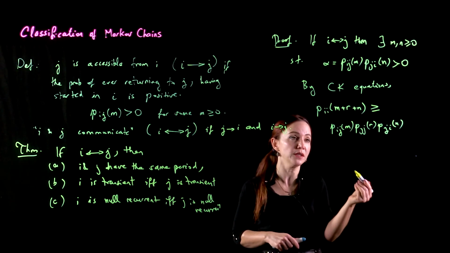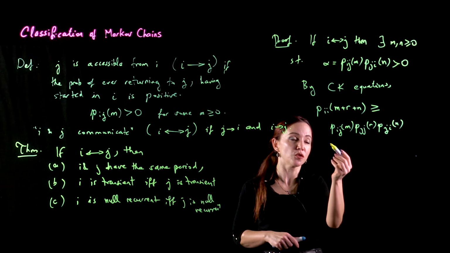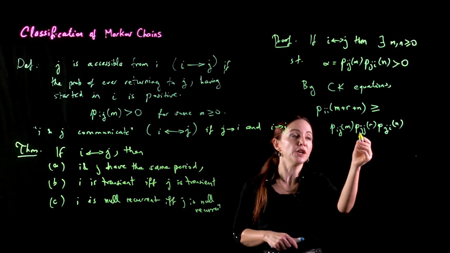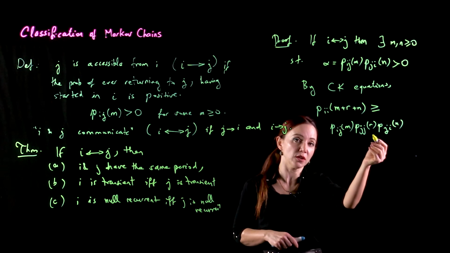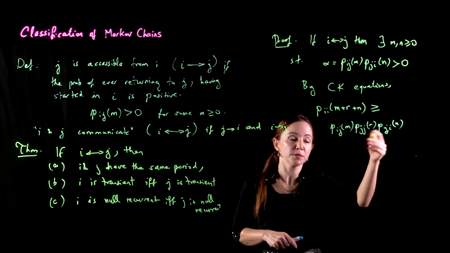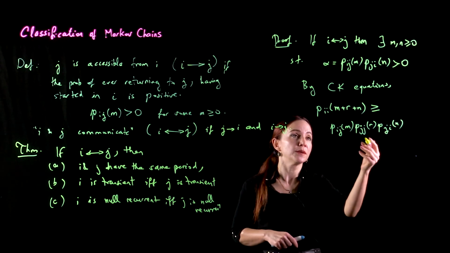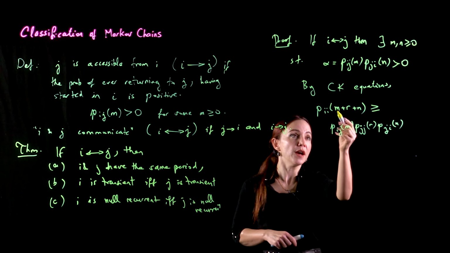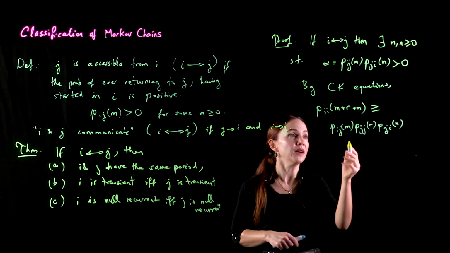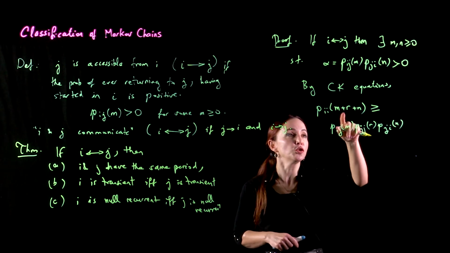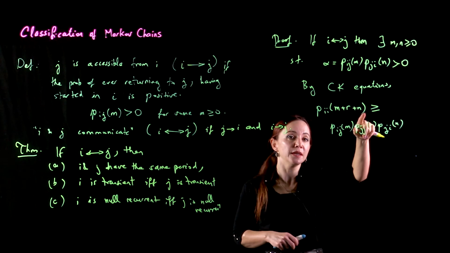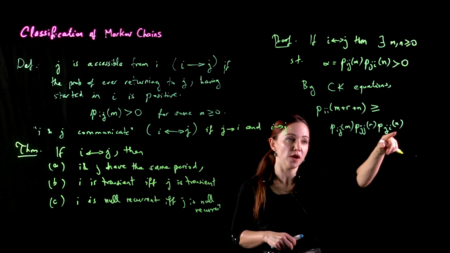One of these ways consists of going from I to J in M steps, then going from J back to J in R steps, and then going from J to I in N steps, for some choice of M, R and N. Since this event is included in that event, this probability is an upper bound on this product.